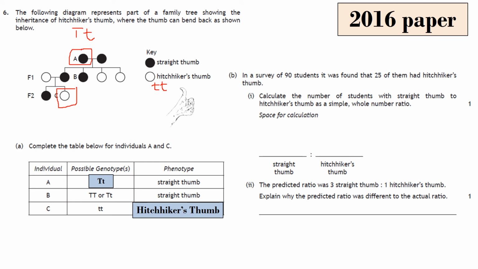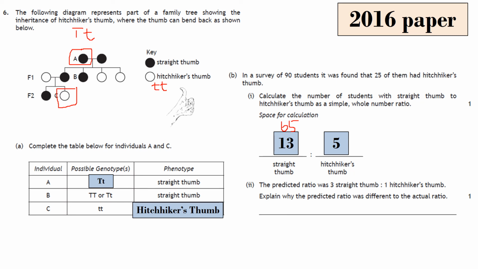Okay. B, in a survey of 90 students, it was found that 25 of them had hitchhiker's thumb. Calculate the number of students with straight thumb to hitchhiker's thumb as a simple whole number ratio. So you're going from straight thumb to hitchhiker's thumb. If 25 had hitchhiker's thumb and there were 90 in total, then 65 must have had straight thumb. 65 plus 25 gives 90.